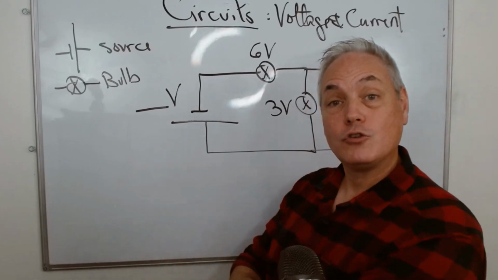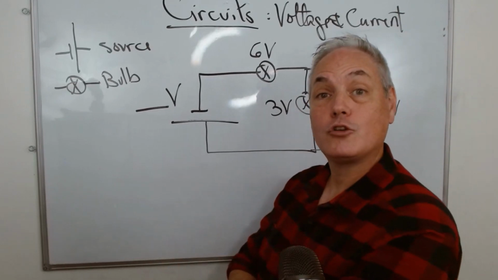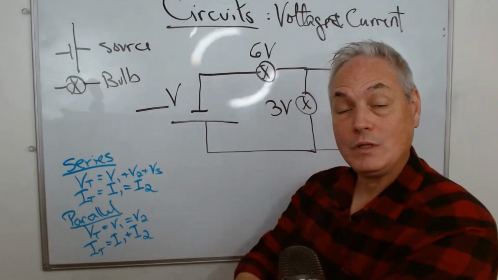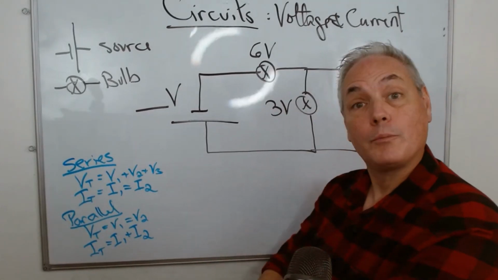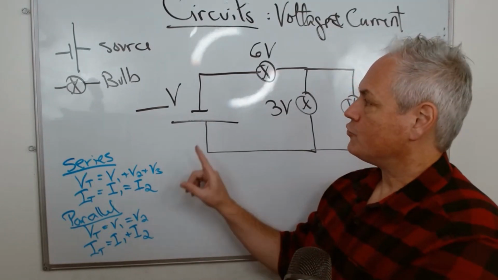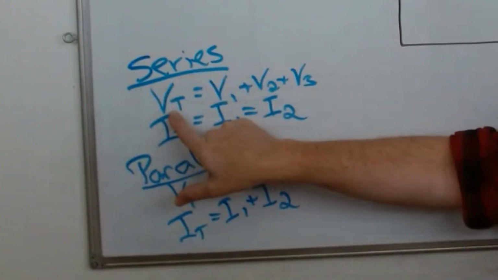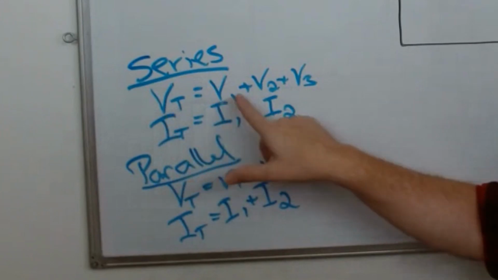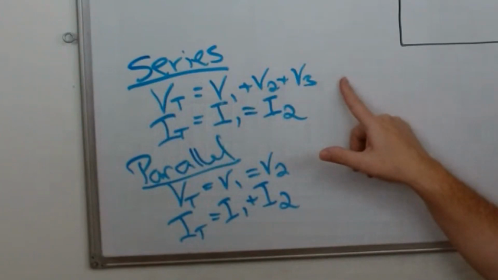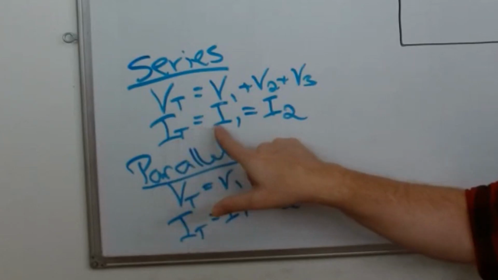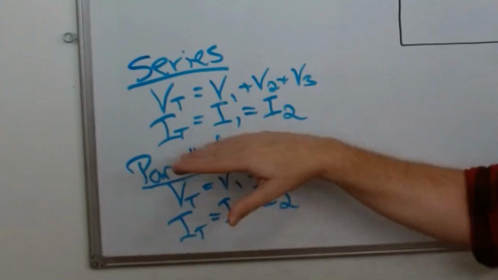First of all, let's look at some information about circuits. The first example will be about the voltage, or potential difference. When we have a series circuit, keep in mind that the total voltage at the source is the sum of the voltages at each component, and the current is the same at each component.